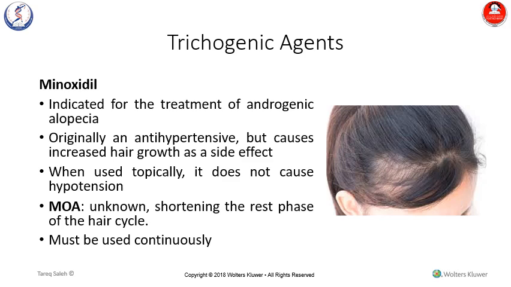It is thought that it shortens the resting phase of the hair follicle, because hair follicles have different phases of growth, and in resting phases, hair doesn't seem to grow that much. That's why minoxidil reduces that phase and speeds up the hair cycle. Unfortunately, minoxidil needs to be applied continuously to the areas of skin that have alopecia.